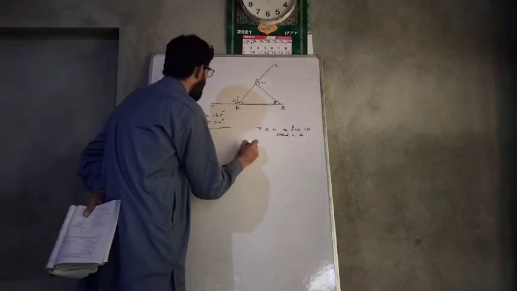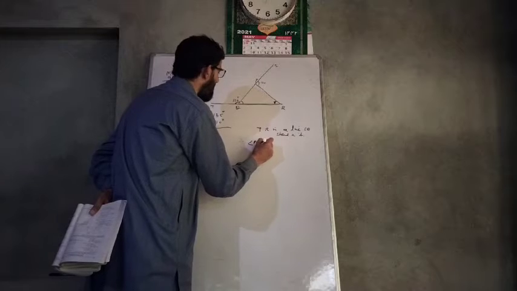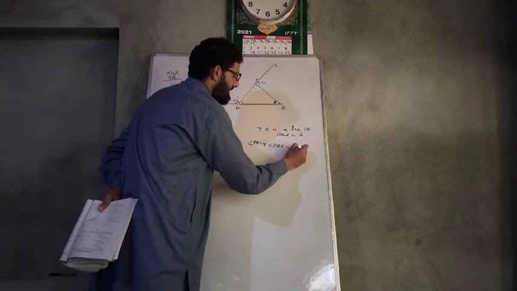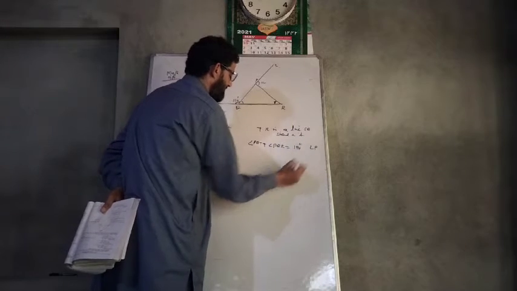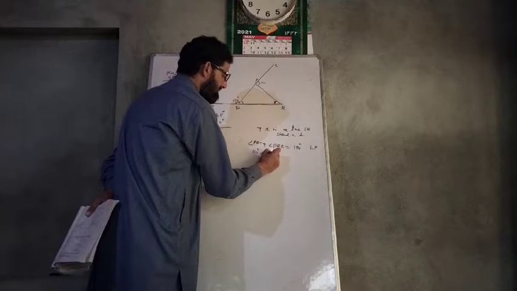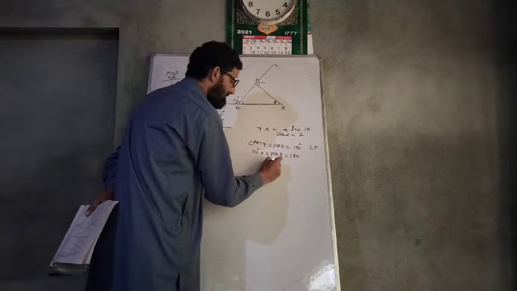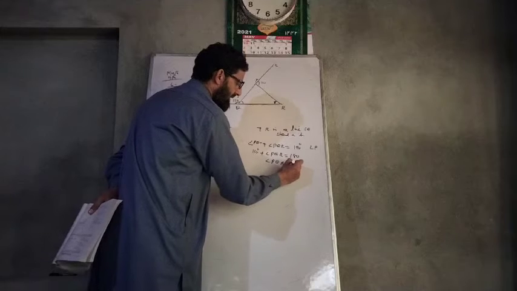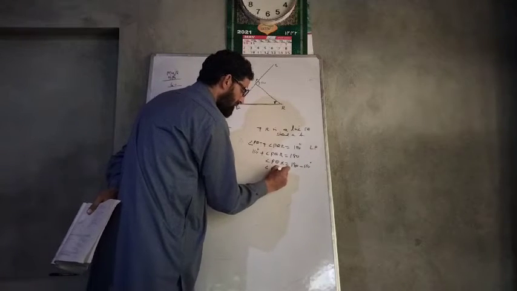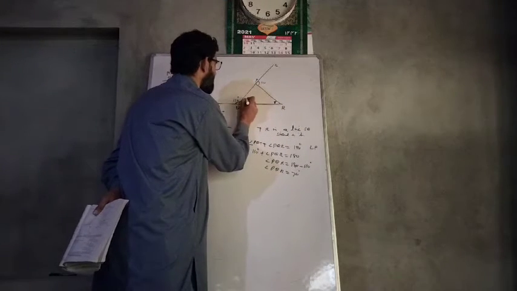Therefore angle PQT plus angle PQR is equal to 180, linear pair. Now PQT, you know, is 110, plus angle PQR is equal to 180. What is angle PQR? This is 180 minus 110. Angle PQR is equal to 70 degrees. So this angle is 70 degrees.